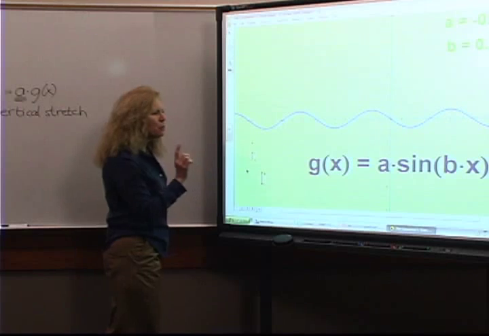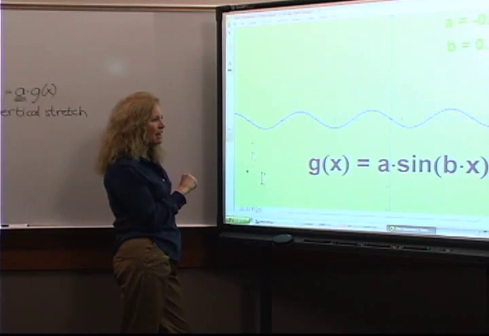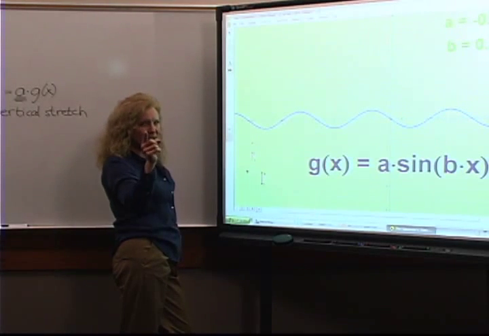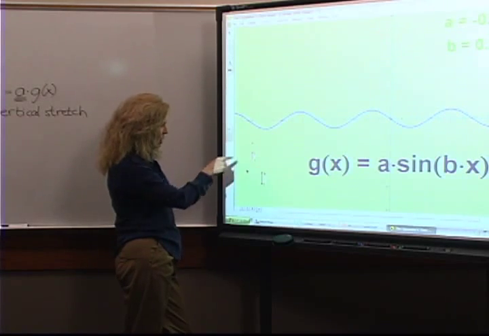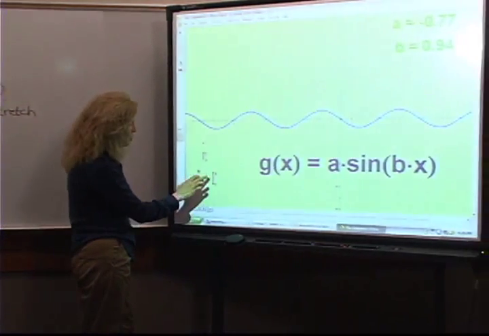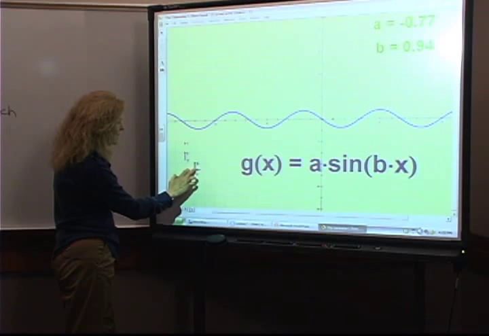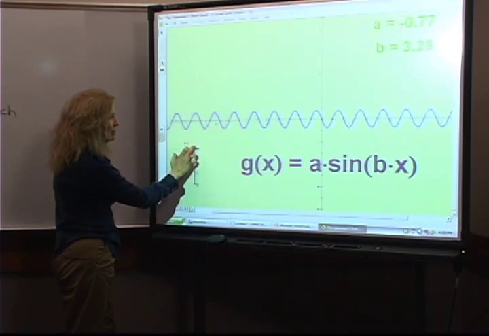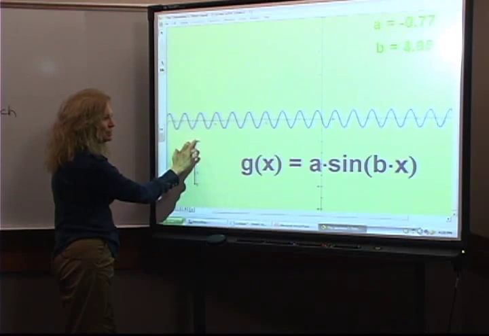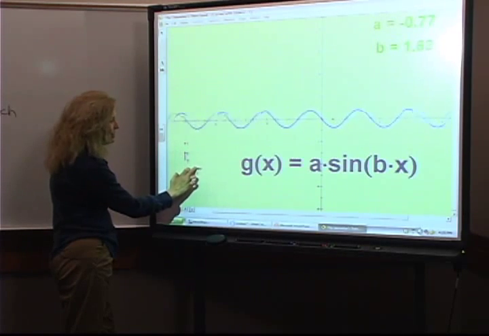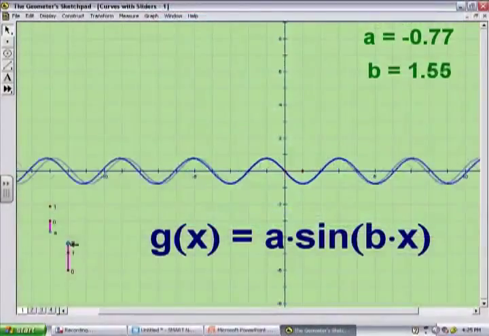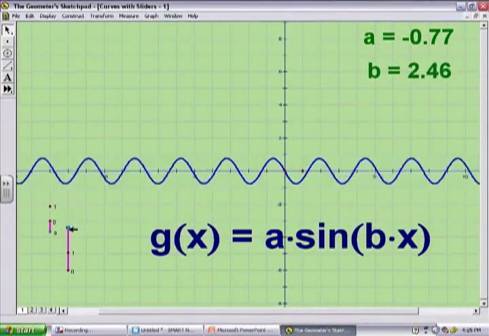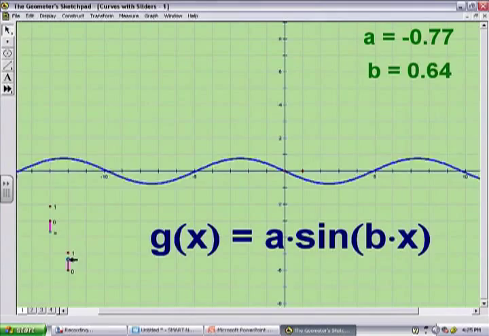Okay, while we're playing with this sine function, and here's the biggest reason why I grabbed the sine function, along with the A value, the B is really cool. Let's see what this B does, if I can get it to behave for me. Oh my goodness. Kind of looks like a spring or a slinky, doesn't it? Look at what this B is doing. Two things I want you to be thinking about.